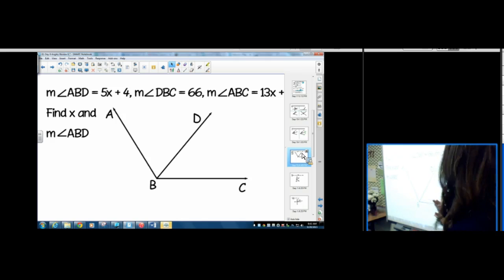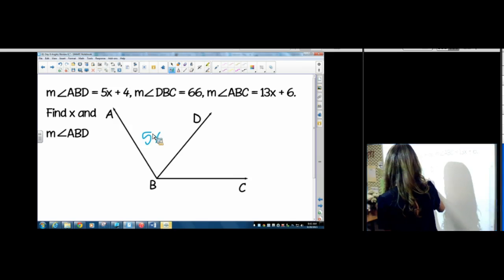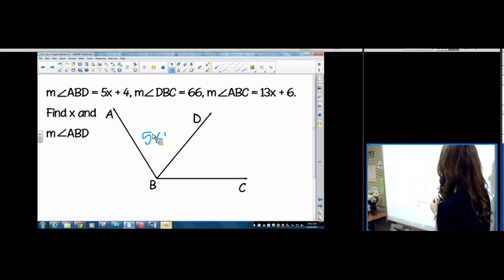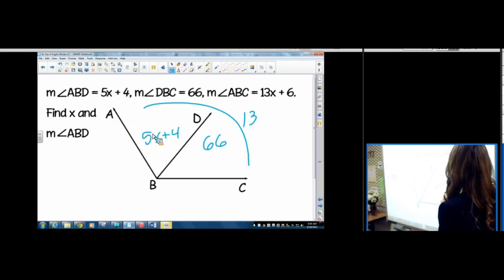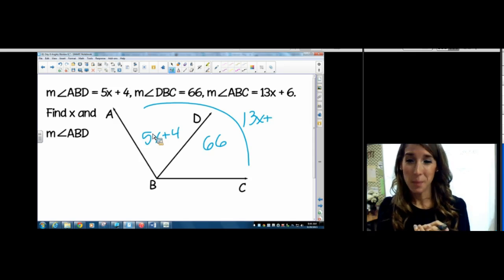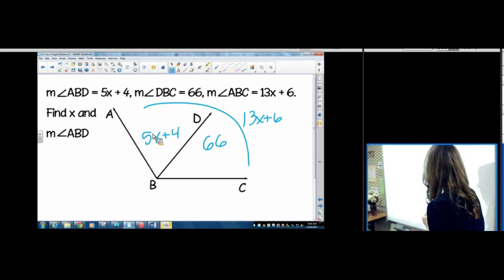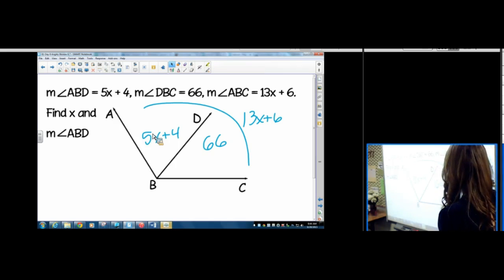You found x, yeah. Okay, so ABD is 5x plus 4, DBC is 66, and ABC is 13x plus 6. So we know that this is a classic part plus part equals whole problem. 5x plus 4 plus 66 equals 13x plus 6.